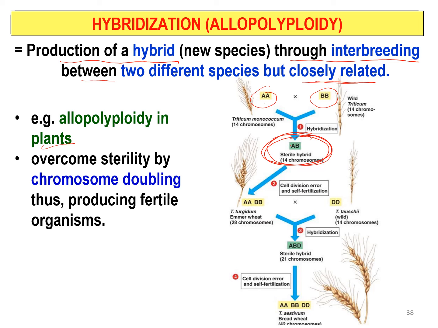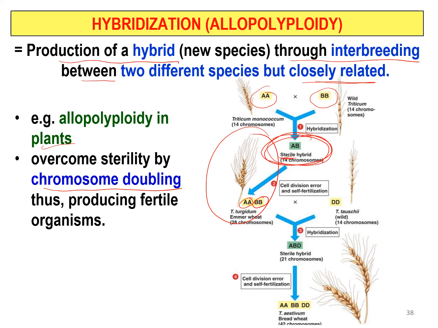So how do we overcome the sterility? Kita nak atasi, macam mana kita nak atasi kemandulan ini? Is by chromosome doubling. So when we double the chromosome, A will have its pair A, B will have its pair B. So this is the result of chromosome doubling. Then we have a fertile new hybrid, a fertile new organism.